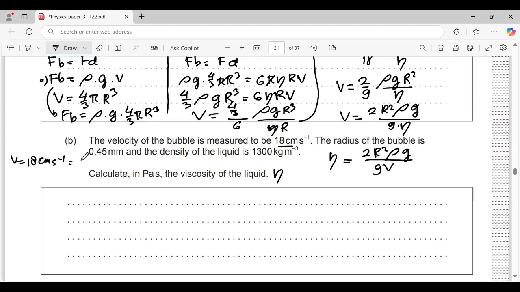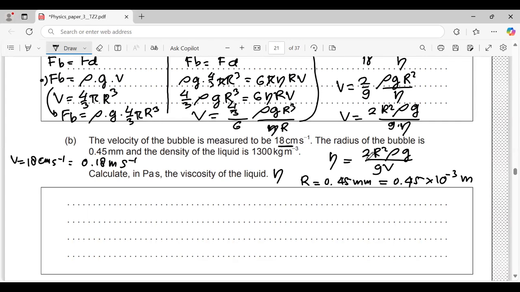Divided by 100, it's going to be 0.18 meters per second. Right. That is for velocity. And as well, millimeter, the radius r is 0.45 millimeters. Converted to meters, it's going to be 0.45 times 10 to the power minus 3 meters.